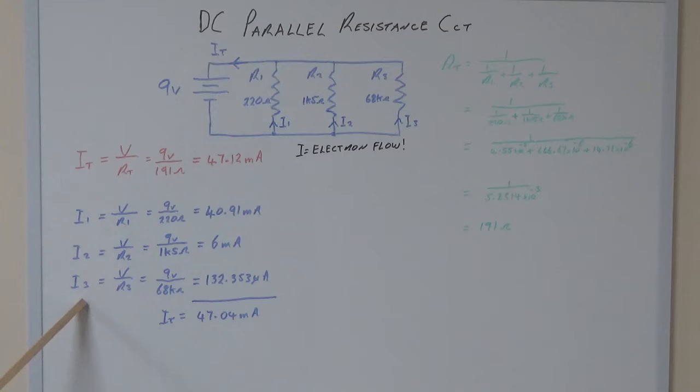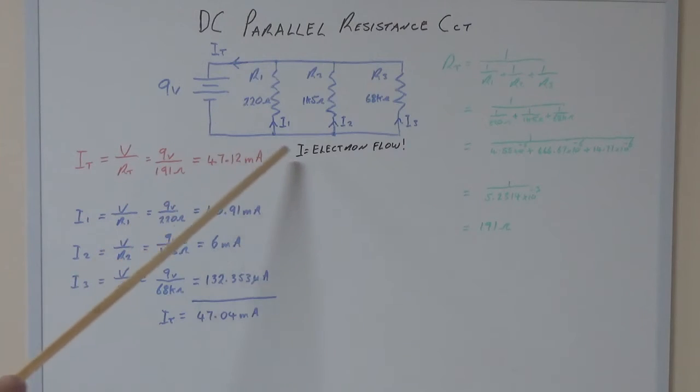And then I3, supply voltage divided by R3, depicted here, which is 9 over 68k, and you end up with 132.353 microamps. I just left that a bit longer so we didn't get too much rounding error. If I add these three up, our total current from the calculations, taking into consideration rounding errors, is 47.04 milliamps, which is pretty close to 47.12 milliamps.